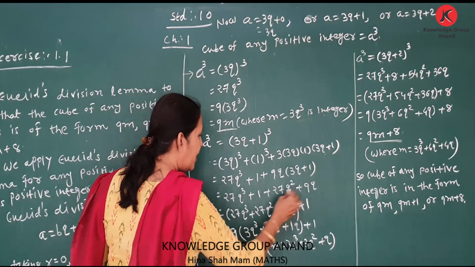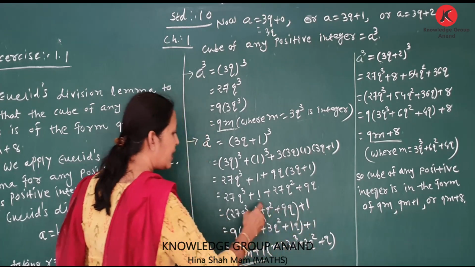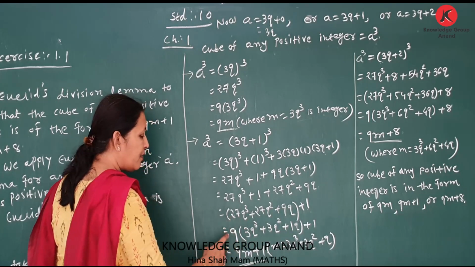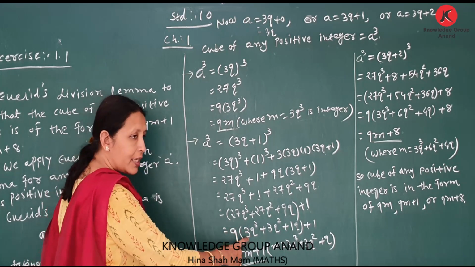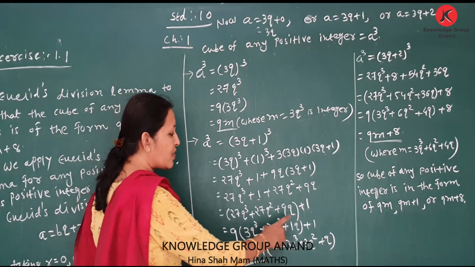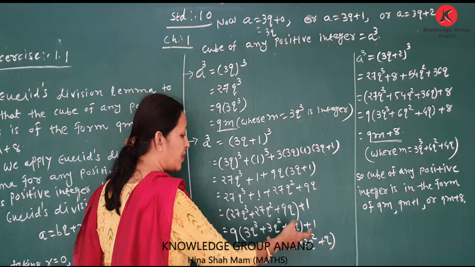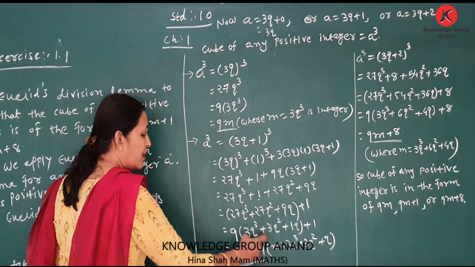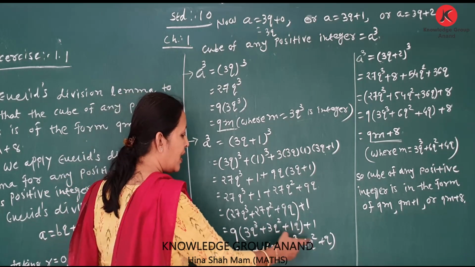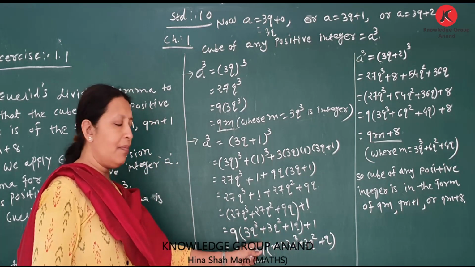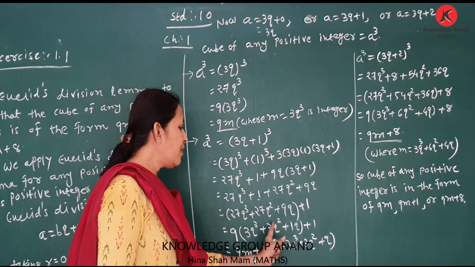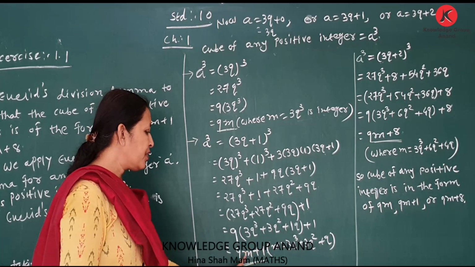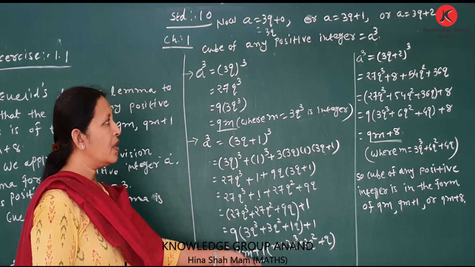Simplify this: we write plus 1 separately and put these terms in a bracket. Taking common factor 9, we get 9(3q cube plus 3q square plus q) plus 1. Here m is equal to 3q cube plus 3q square plus q. So it is 9m plus 1.